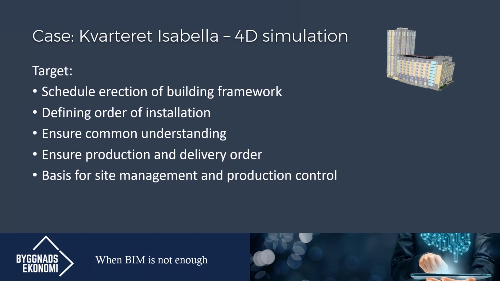We wanted to make sure that everybody has a common understanding of how this specific building is going to be built. We wanted to ensure the production and the delivery order, and we wanted to make an easy base for site management and production control in this project.